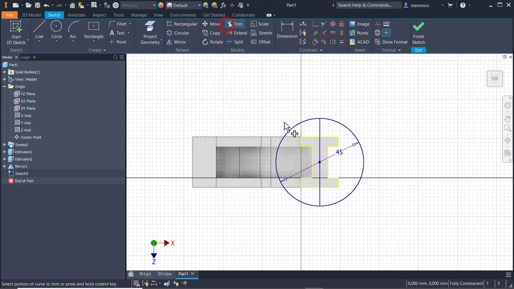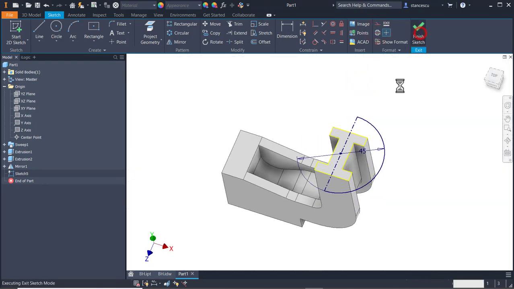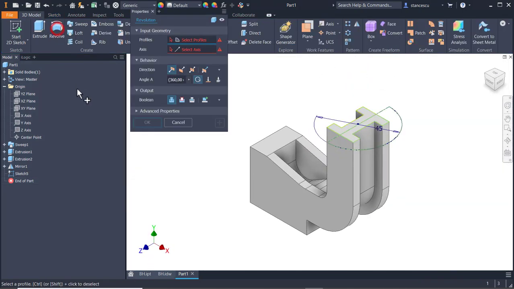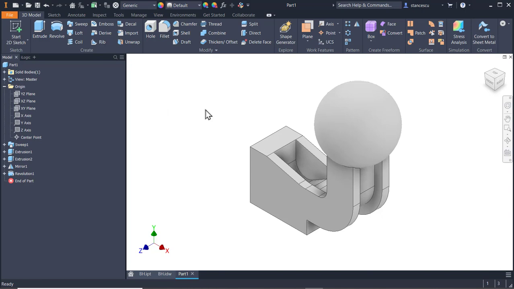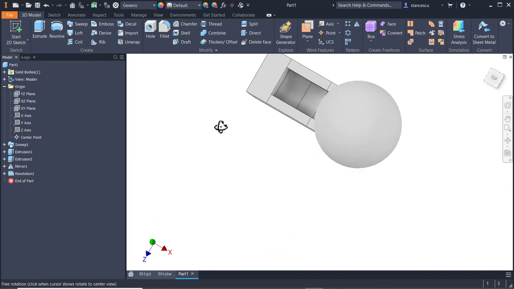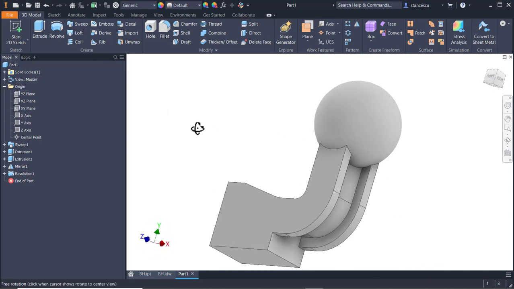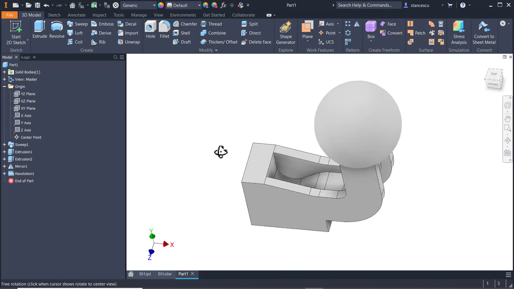We trim half of the circle. We make this center line, finish sketch, revolve. The profile is all this, and the axis is known. Okay, our part is starting to look very good.